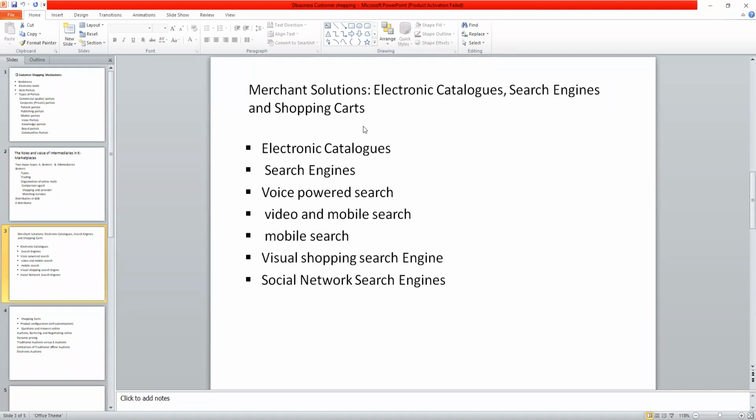In B2C commerce, customized catalogs are used frequently, while in B2B there is a more standardized approach, as it's the business requirement. There are many tools available for conducting searches.